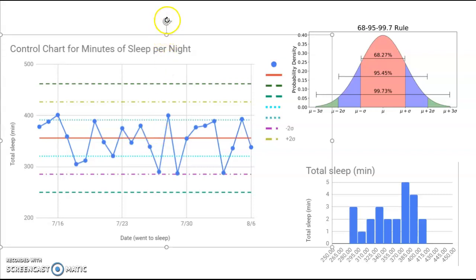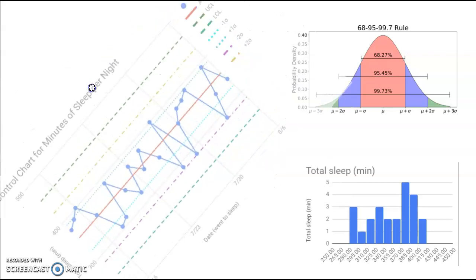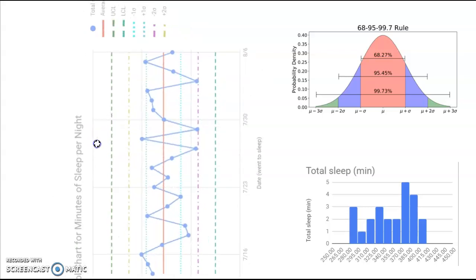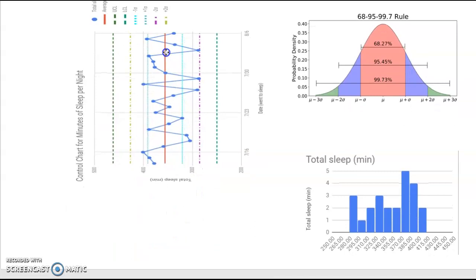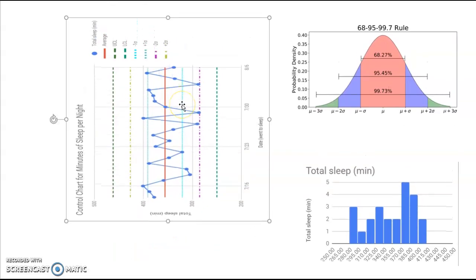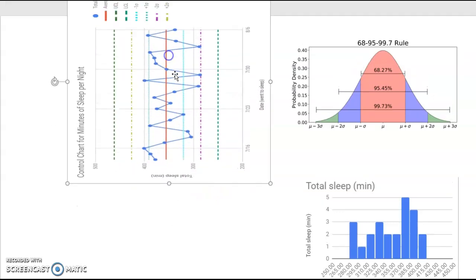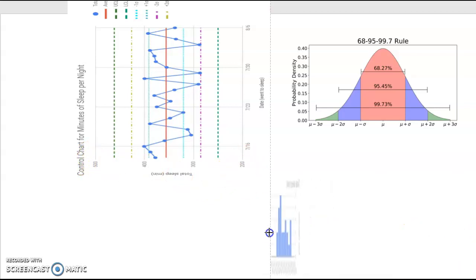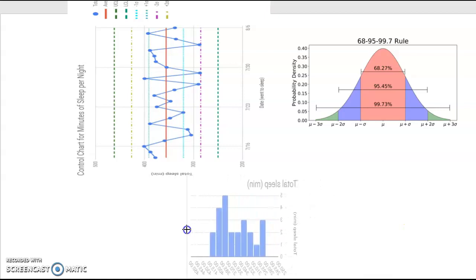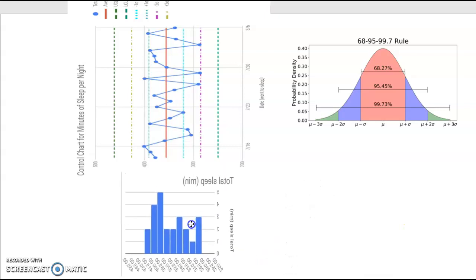If we would take the control chart and turn it on its head, let me shrink that down a little bit. Notice that the 500's here and the 200's here are in the opposite direction of this, so I'm going to swing it over this way.